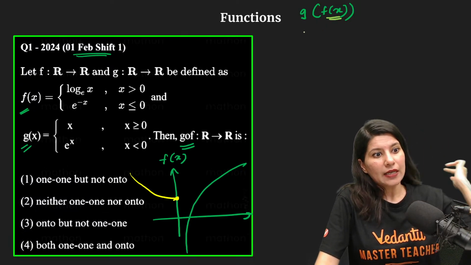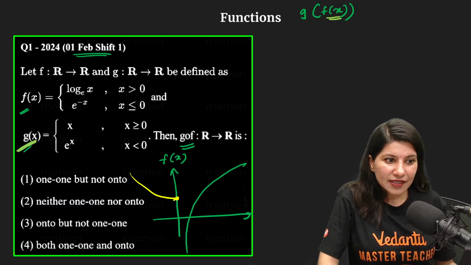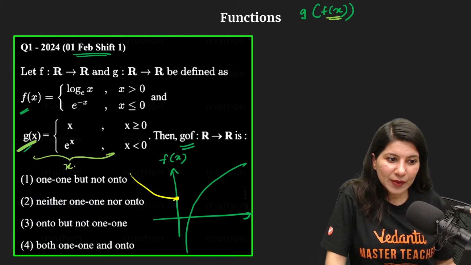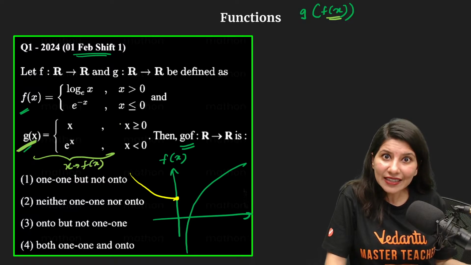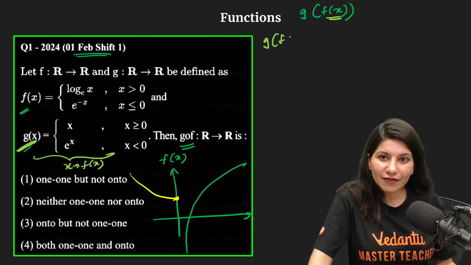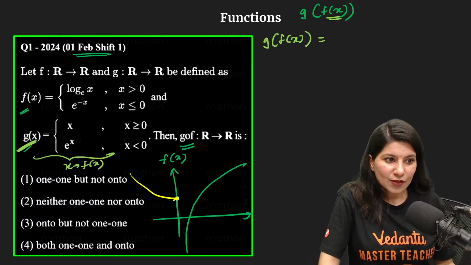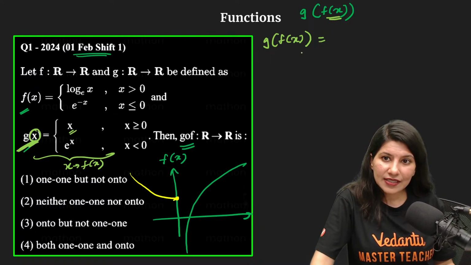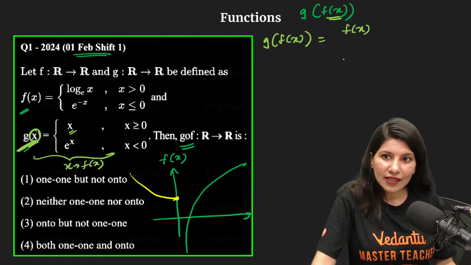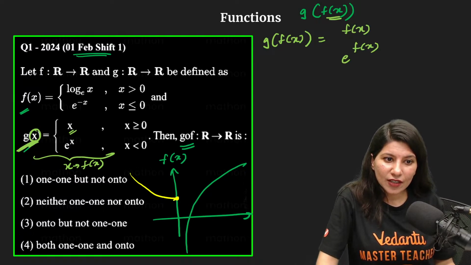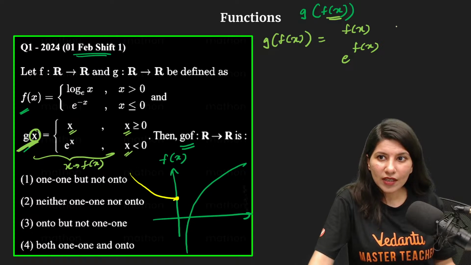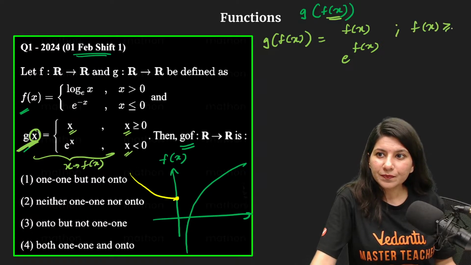Then just pick g(x), and in here you have to replace x by f(x). In that case you will get g of f of x. Replacing this x by f(x), this x will also become f(x), e raised to power f(x). Here this x and this x both will be replaced by f(x).